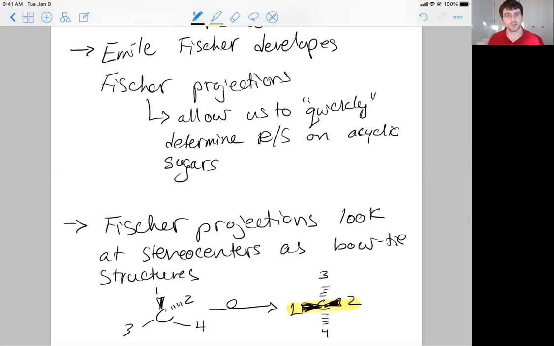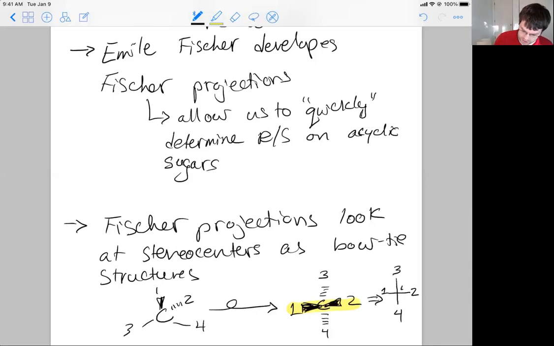Now, what Fischer said was, if we assume that every stereocenter is a bow tie, then let's not draw the wedge and the dash. Let's make life even easier by not only cutting out the carbon atoms, but also cutting out the wedges and dashes, so that we get something like this, where we have 1, 2, 3, 4.